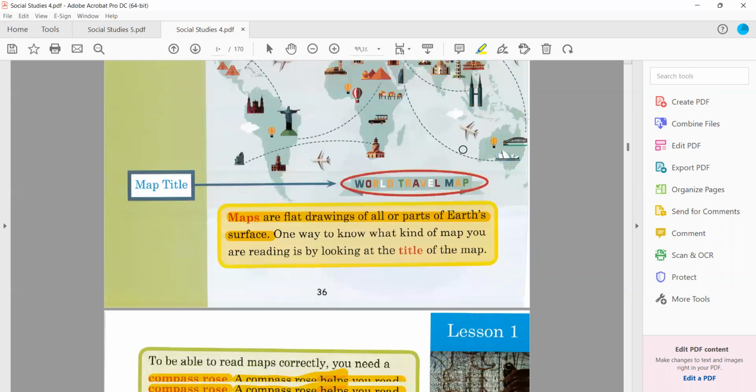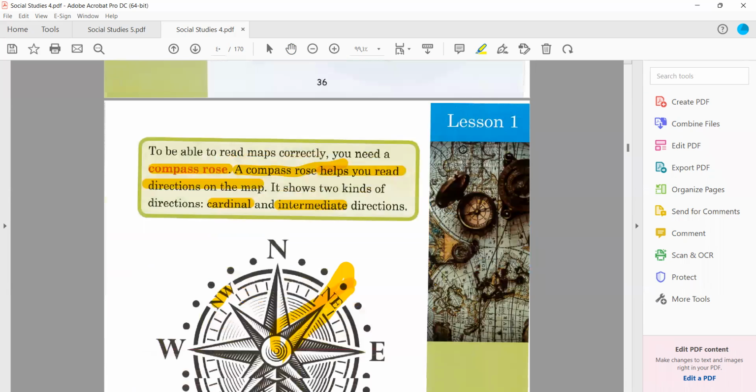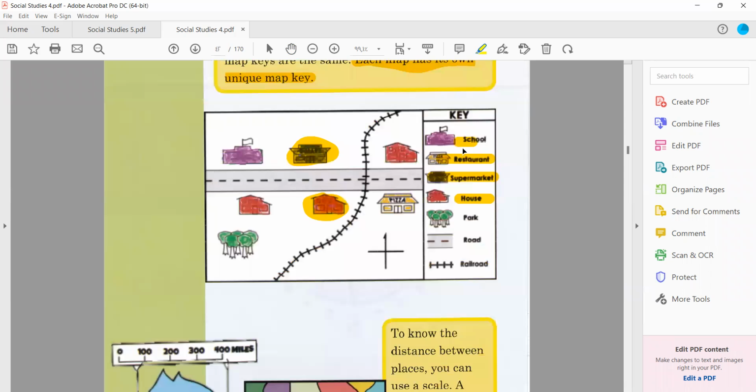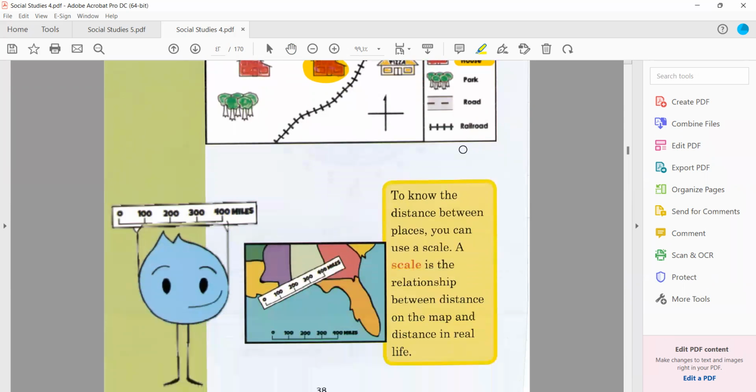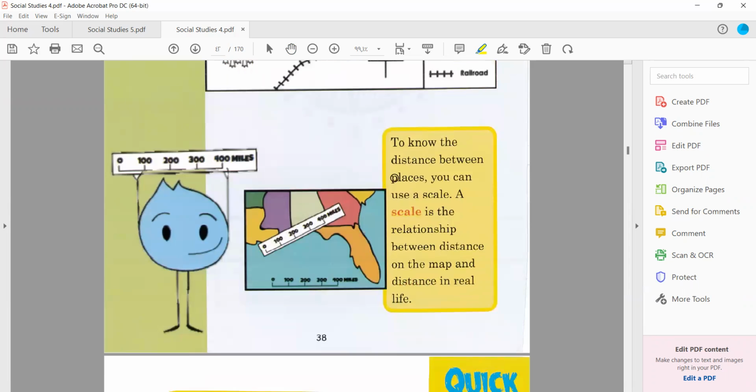So how can we calculate the difference, or how can we know what's the distance between those two places? First, we can get a scale like this one on the map. This is the scale on the map, okay? And to know the distance between places, we can use this scale.